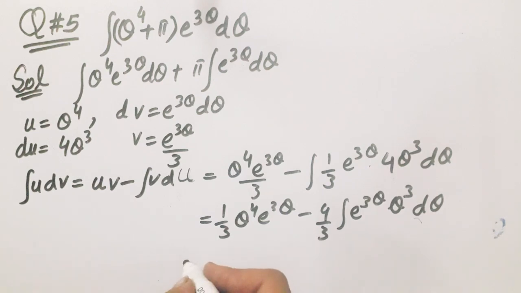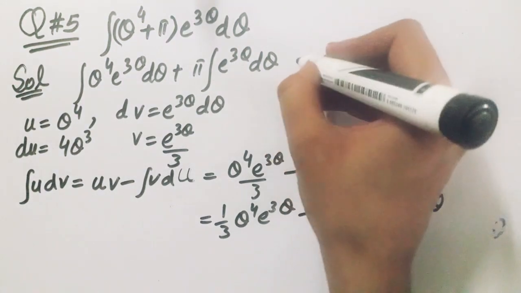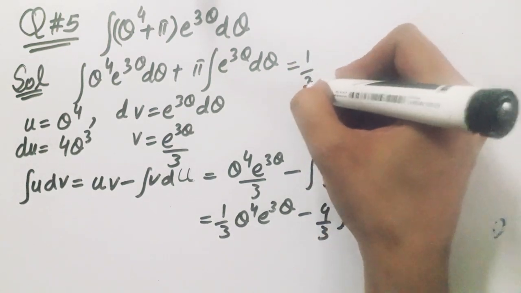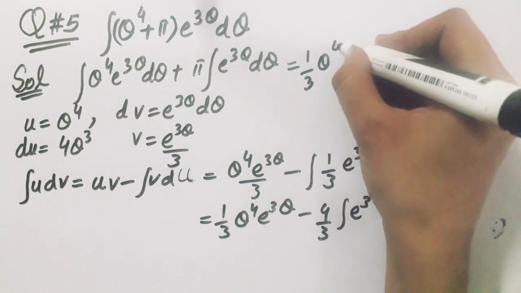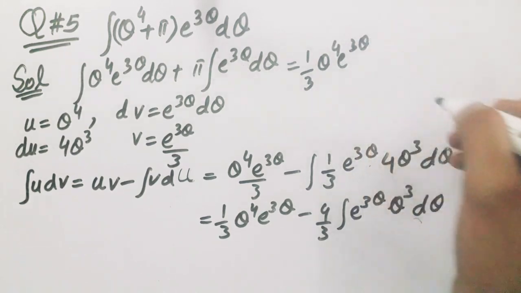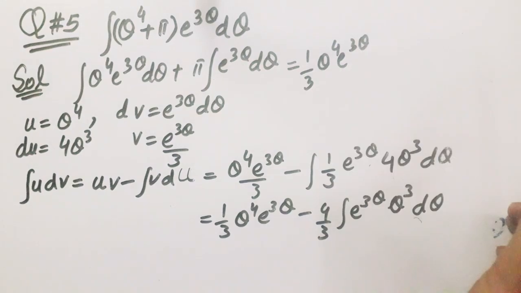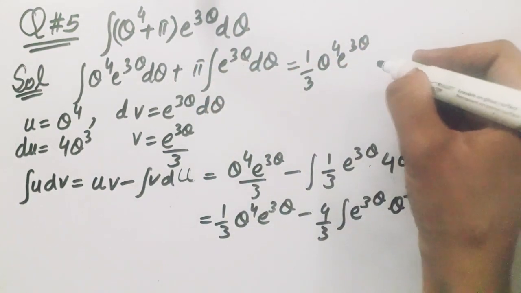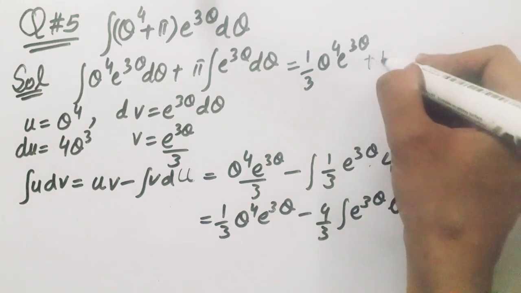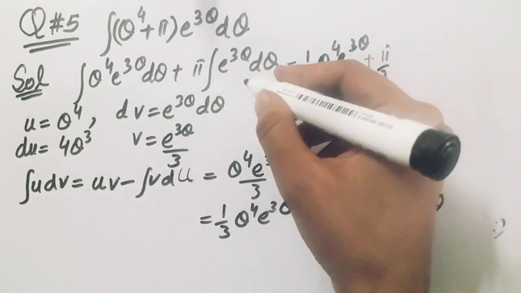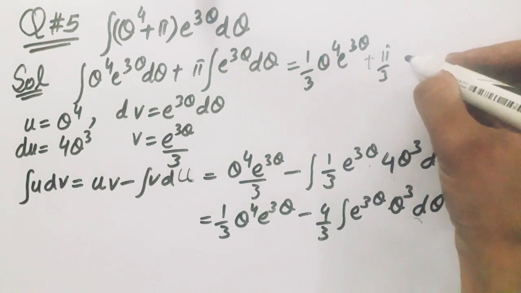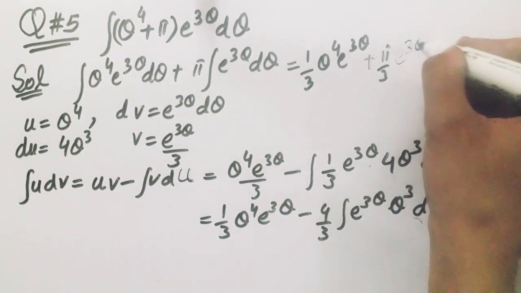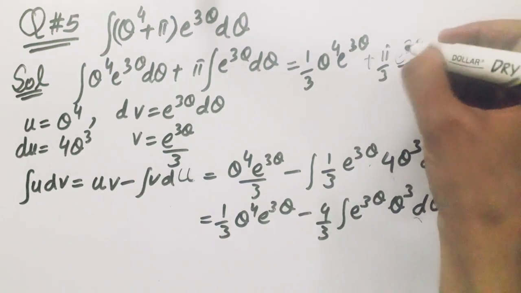So we will write this here, then again simplify this. So 1/3 θ⁴ e^(3θ), and plus π ∫ e^(3θ) dθ is equal to plus π/3, and the integral of e^(3θ) dθ will be equal to e^(3θ)/3.